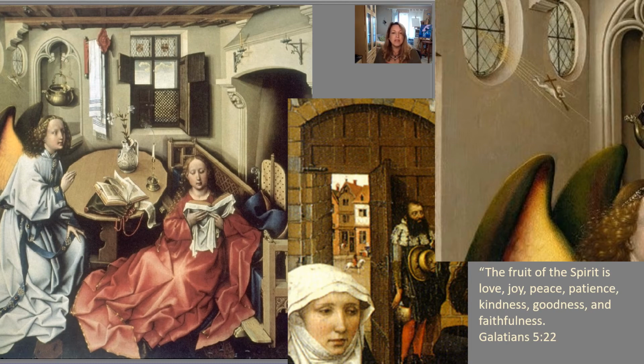And all of these details, even her humility, the way that she sits below at this kind of prayer bench, this is showing her humility. And she's not dressed really lavishly. She's still elegant, but she also is very humble as well. Let's move on.